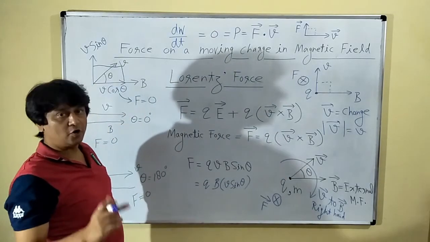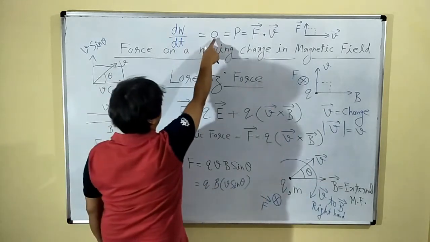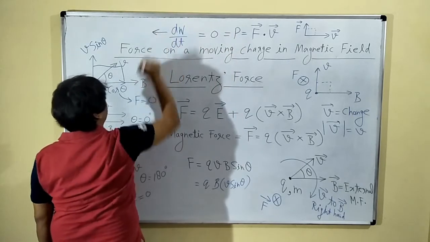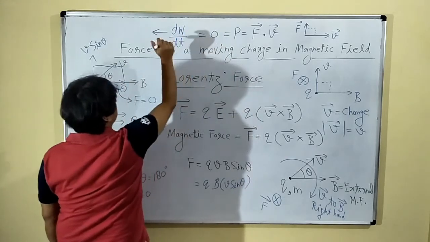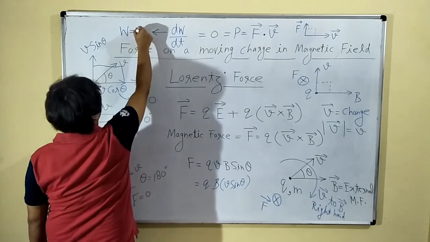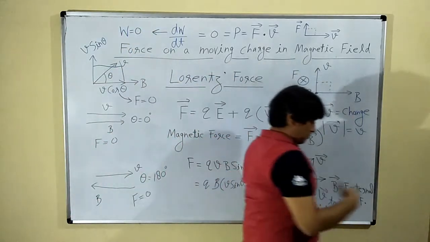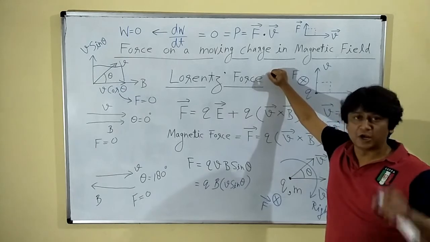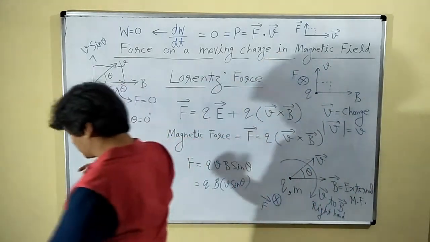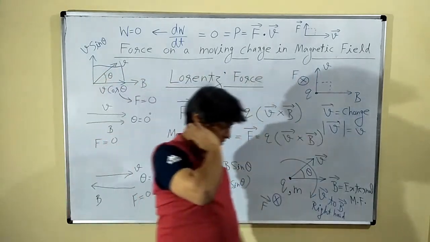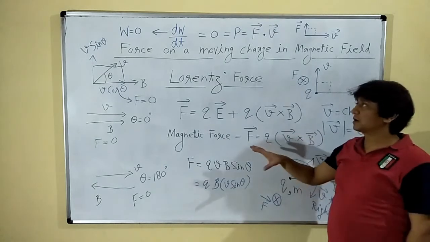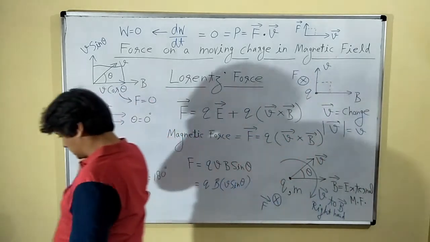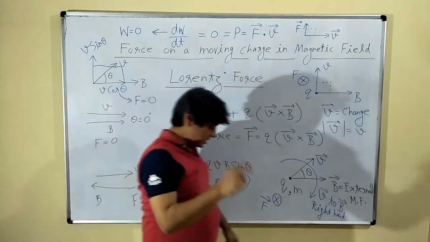That's what power is, rate of doing work. If rate of doing work is zero, this whole statement simply says that work is zero. If power is zero, it directly means work is zero. Now continue that statement. Since power is zero, work done by the magnetic field is always zero.